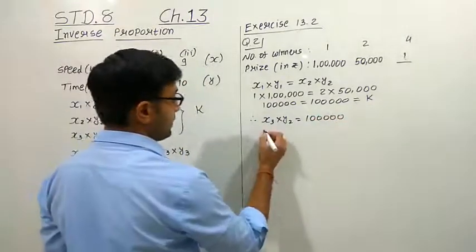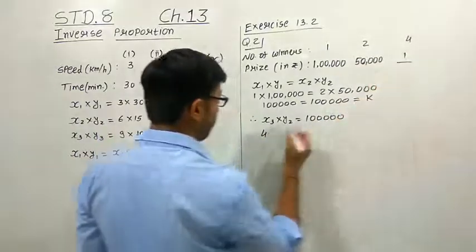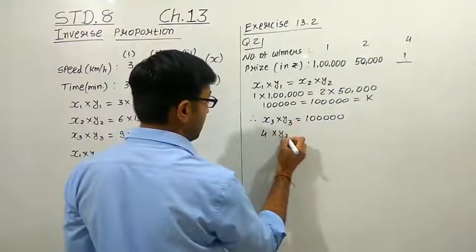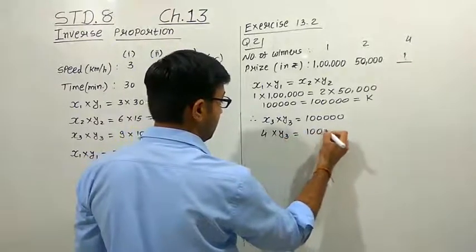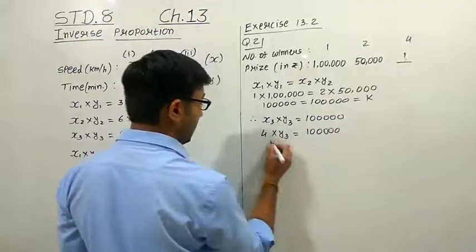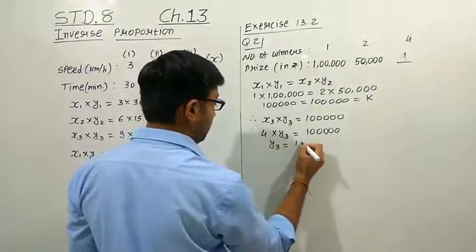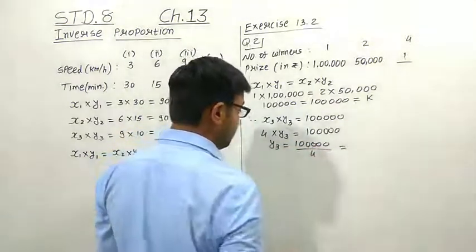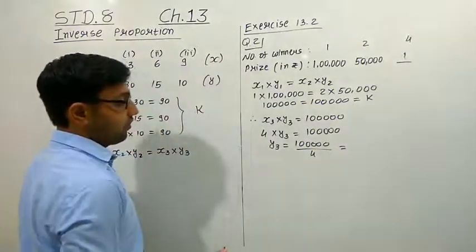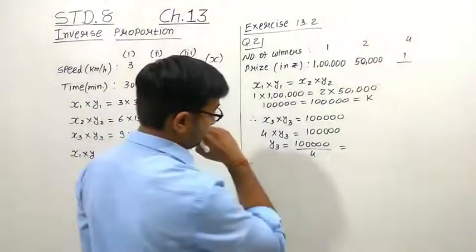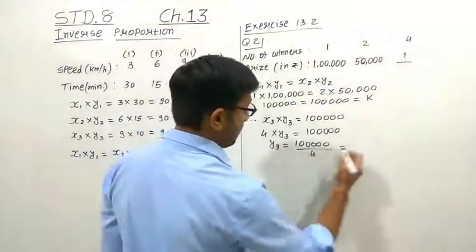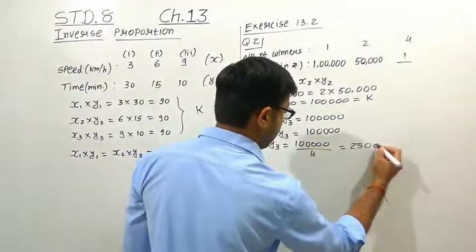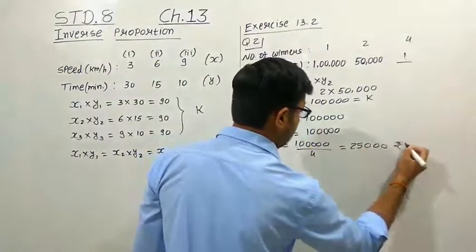So what is x3? It is 4. x3 is 4, and y3 we have to find out: 4 times y3 is equal to 1 lakh. So make y3 the subject. We have to take this 4 into the denominator. So when we divide by the 4, 25 fours are 100, and we put 3 zeros here. And this is in rupees.